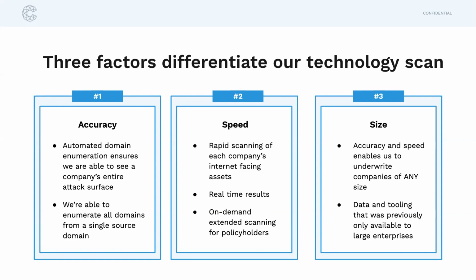The fact that we have this good accuracy and the speed to get through that also sets the table for our ability to assign or understand risk around organizations of any size. The traditional tools that were out there for creating risk for a company were really heavily focused on large enterprises.